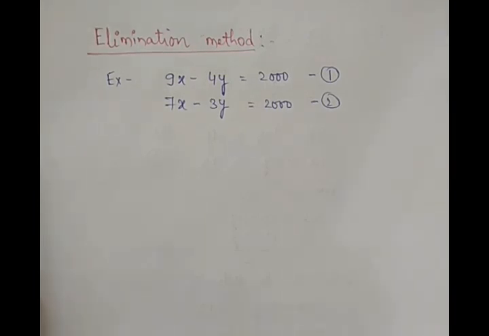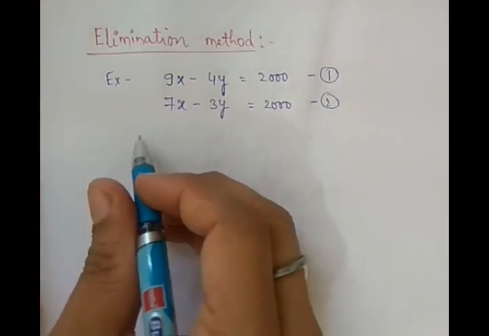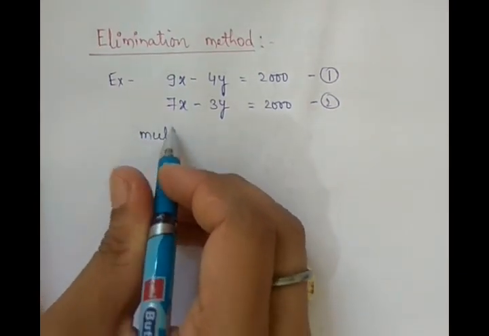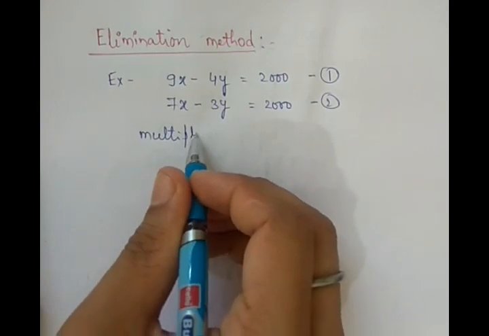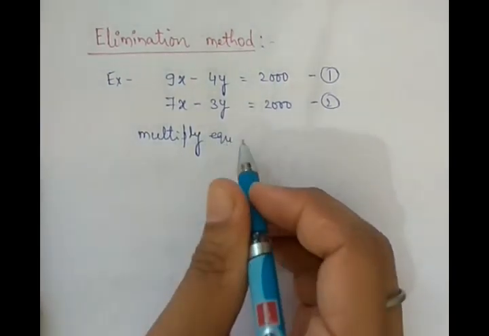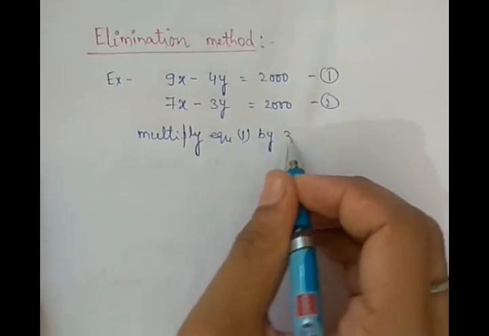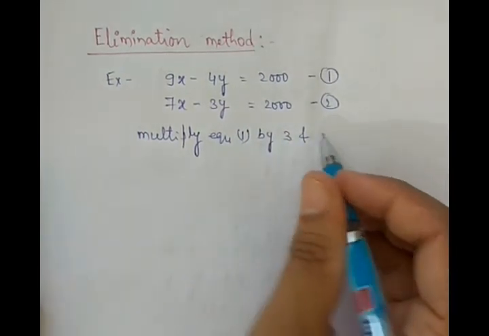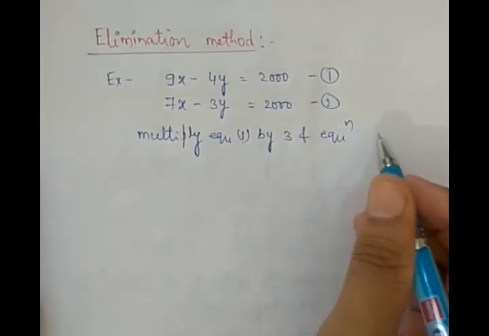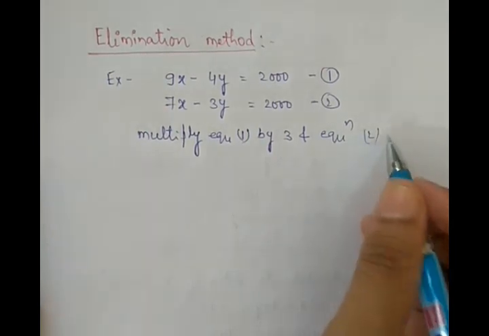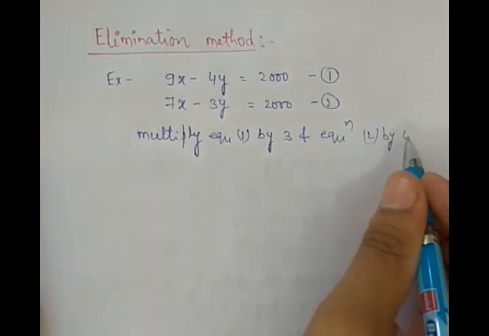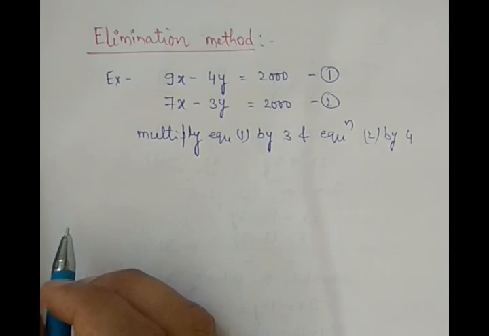So if we say multiply equation 1 by 3 and equation 2 by 4, what will we get?